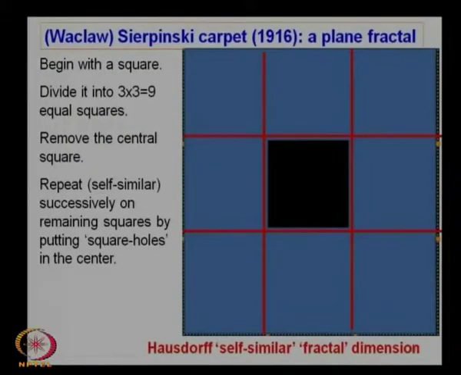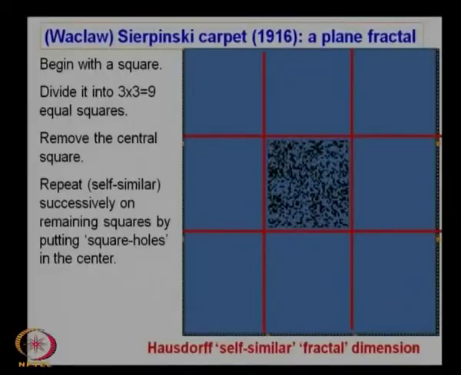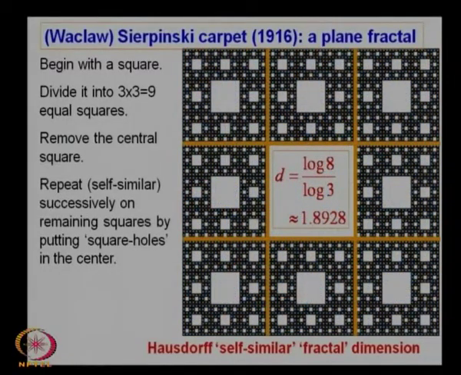So this is how it is going to look after you repeat this self similarity process of removing the central square, and I have referred to it as making square holes, which is a very odd term because holes are not squares and squares are not holes, but I believe you get the idea, right. What you are doing is you are removing the central square. Now if you do this, the pattern that emerges is this, okay, as you can see very clearly.